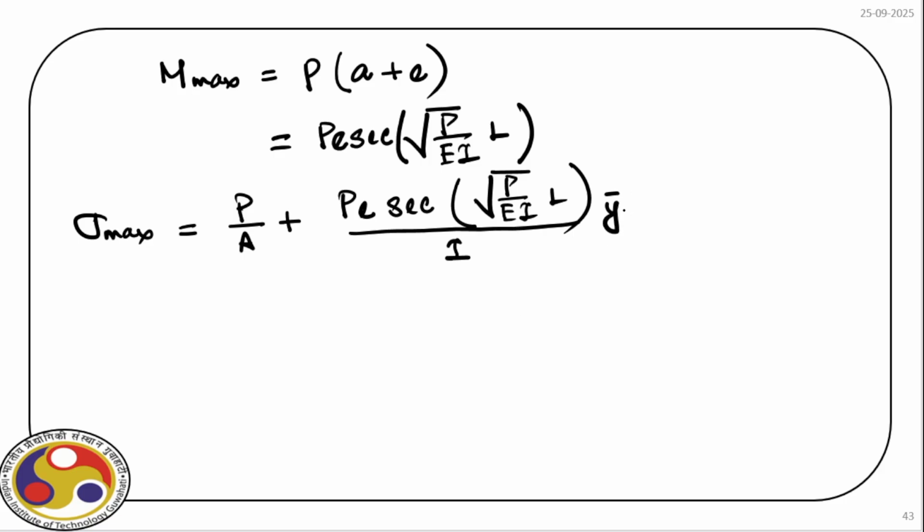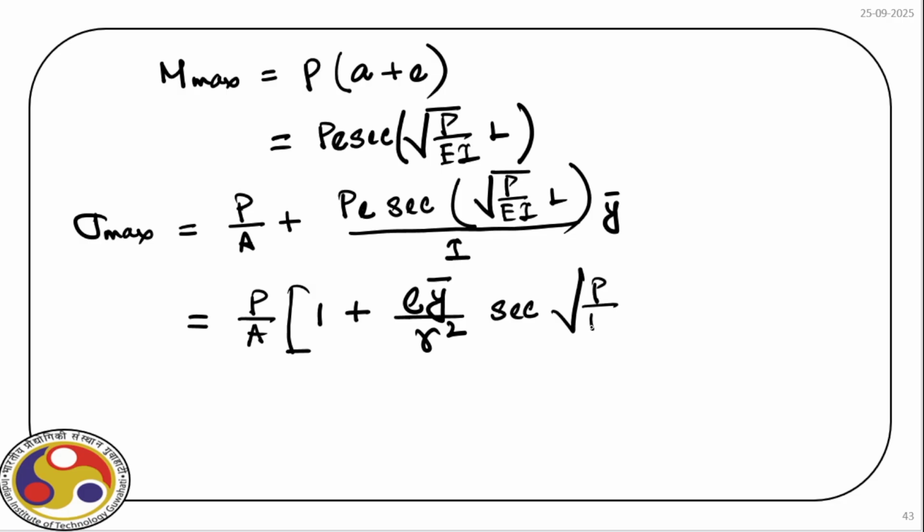Again, this y bar is the distance of the extreme compression fiber from the neutral axis, right? So we can further modify this expression. We have P by A common, then within bracket we have 1 plus E times y bar divided by r square, times sec of square root of P by EI times L.